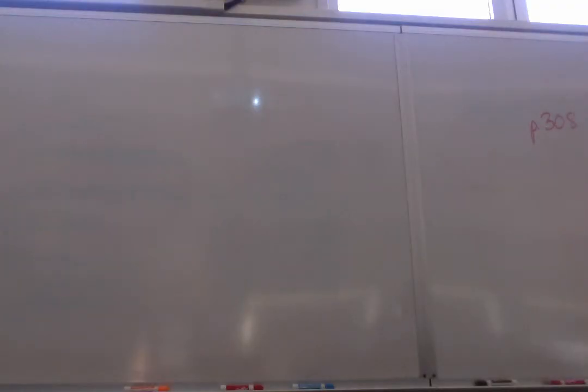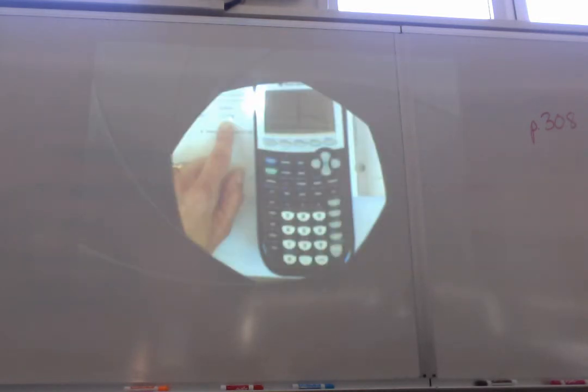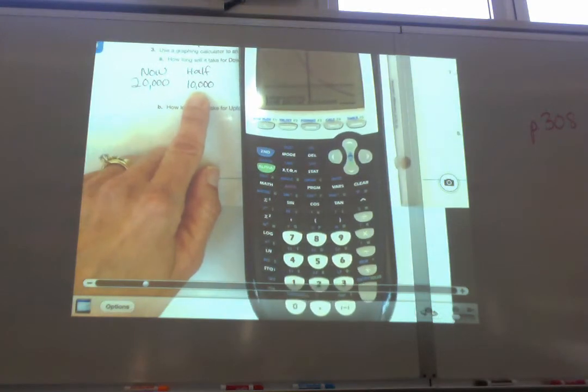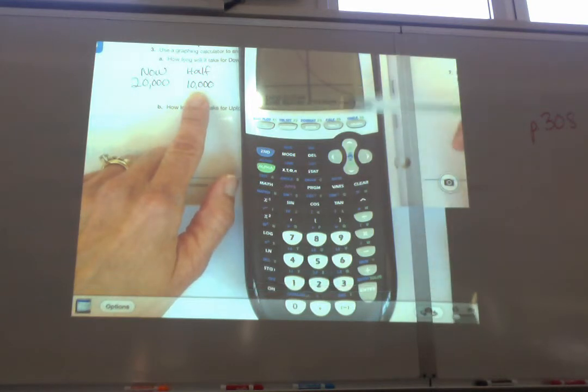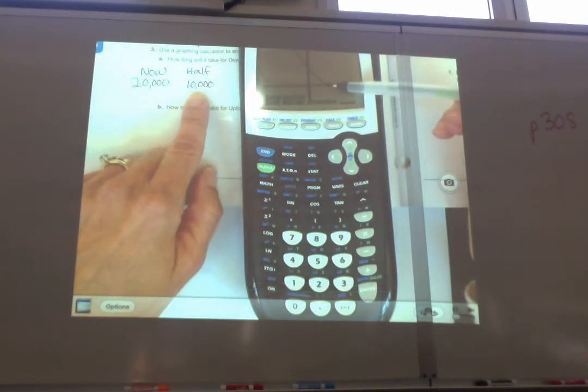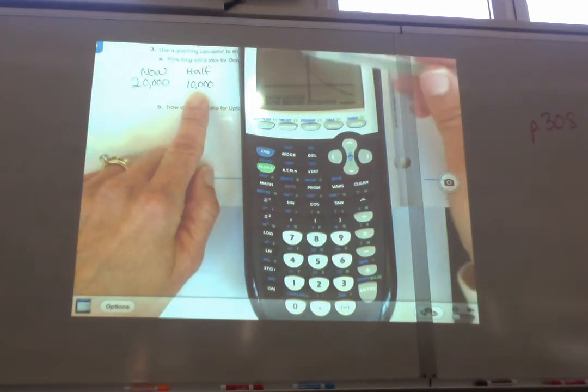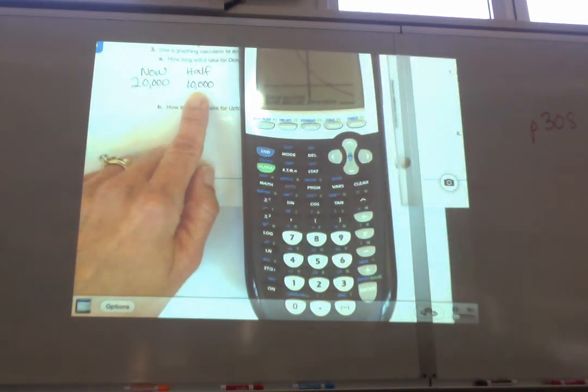Enter. All right. I have something that says intersection. It gives me an X and a Y, and I can see that the blinky cursor is right there in the middle. I had to do it by limiting my picture to only look at the 2 graphs, though.